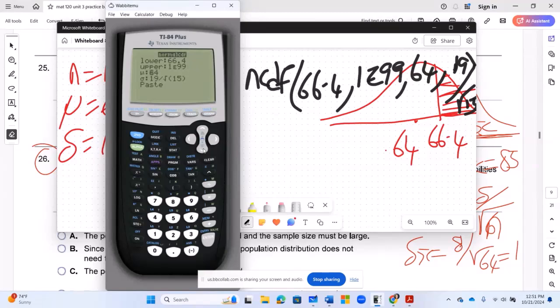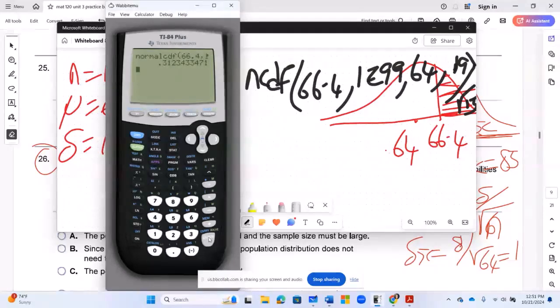The mean of the sampling distribution is 64, and the standard error is 19 divided by square root of 15. Now I'm calculating area to the right of 66.4. I'll hit enter, and my calculator is asking me, is that the argument you want? Yes, that is the argument that I want.